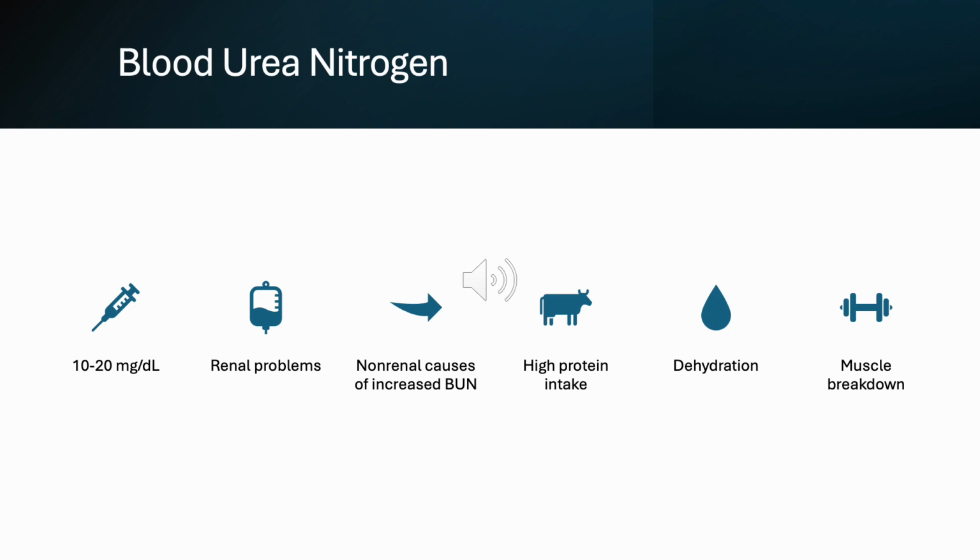Okay, that can increase your BUN. If somebody has GI bleeding, that could increase the BUN because your body is going to digest blood in the GI tract as a protein. Dehydration causes a high BUN, and muscle breakdown also causes a high BUN.